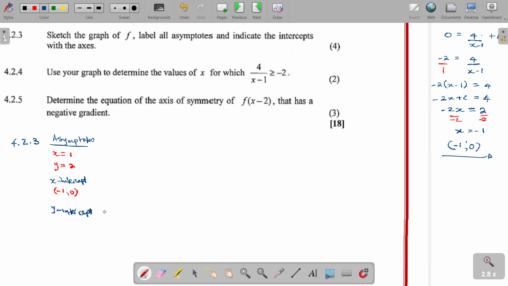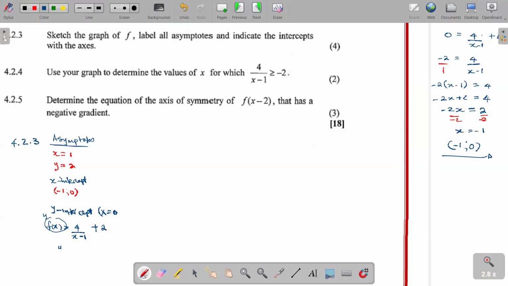To get the y-intercept, we have to substitute x equal to 0. So we take our equation, f(x) equal to 4 over x minus 1 plus 2. If we substitute where there is x with a 0, this part is representing our y.